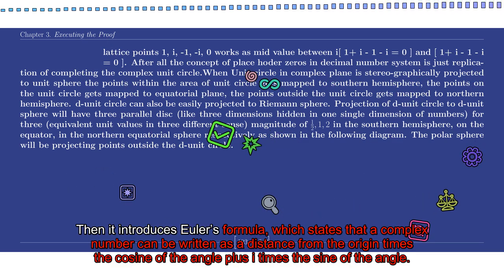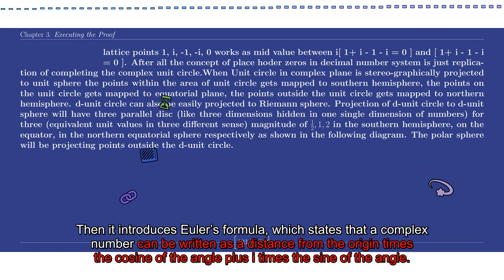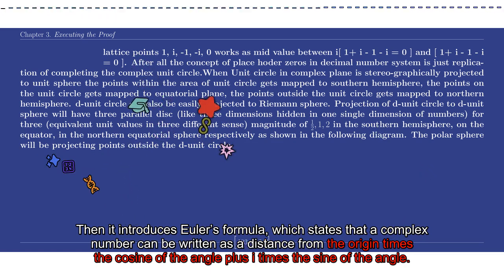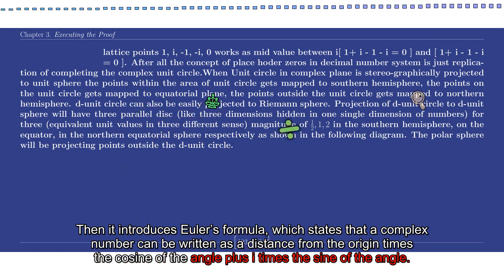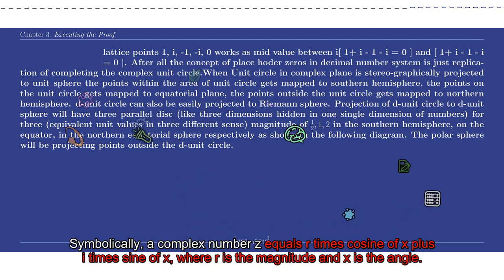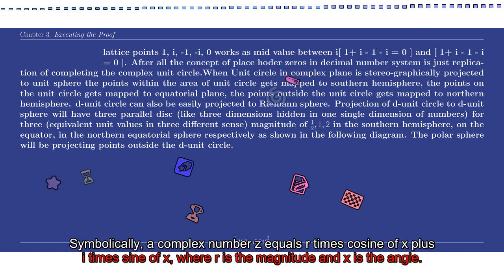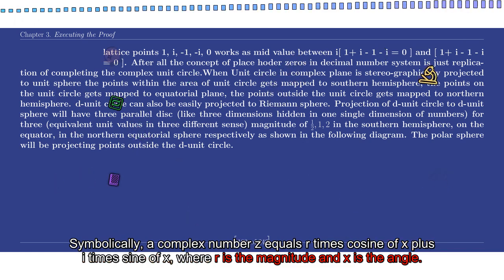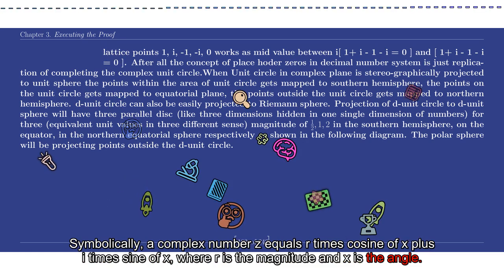Then it introduces Euler's formula, which states that a complex number can be written as a distance from the origin times the cosine of the angle plus I times the sine of the angle. Symbolically, a complex number z equals r times cosine of x plus I times sine of x, where r is the magnitude and x is the angle.